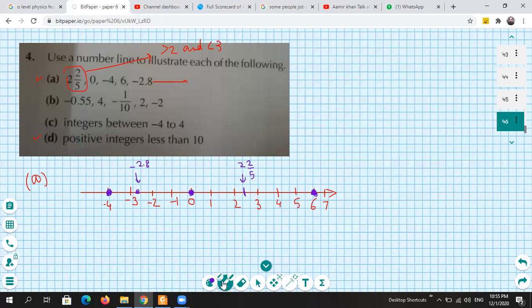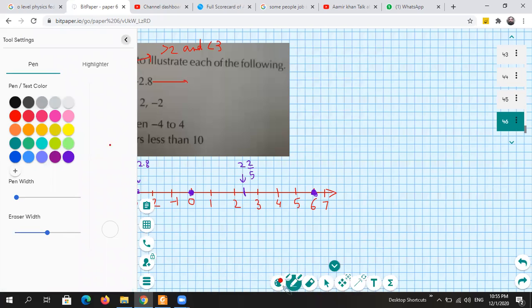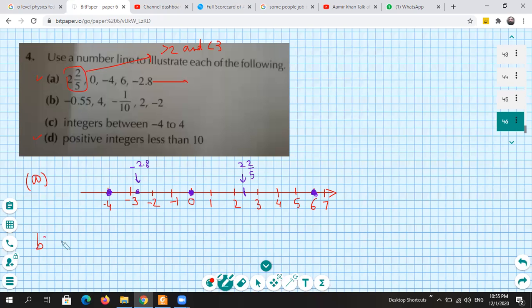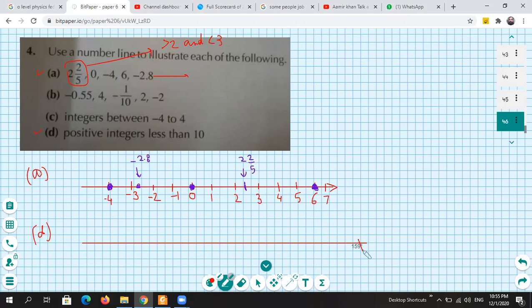So again, I'm drawing a number line for this part D. Suppose this is 0, this is -1, this is -2, then 1, 2, 3, 4, 5, 6, 7, 8, 9, 10, and 11. So this is a number line.